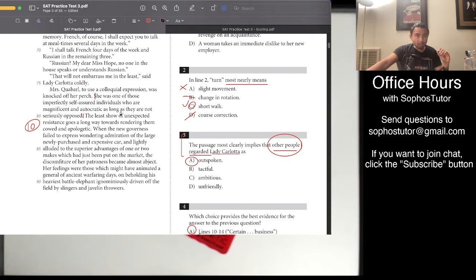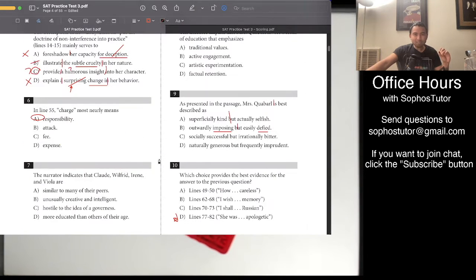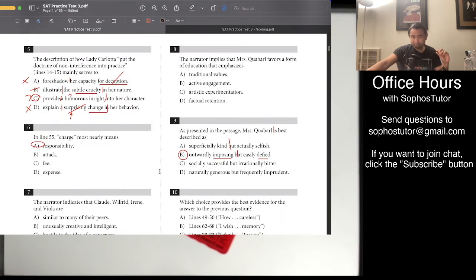Oh, as long as they are not seriously opposed, which implies that if she is opposed, she's no longer magnificent and autocratic. That seems to be someone who is easily defied. I'm selecting both of these, 9B and 10D.